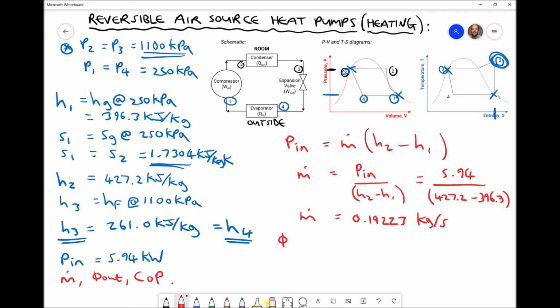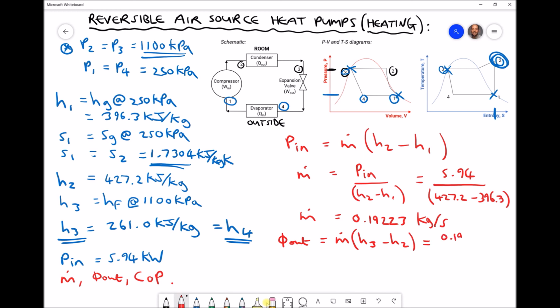Phi out then, which is the rate of heat energy leaving the refrigerant or entering the room. Well, we can see that that process takes place in the condenser, so between positions 3 and 2. So phi out is m dot H3, the enthalpy leaving the condenser, minus H2, the enthalpy entering the condenser.